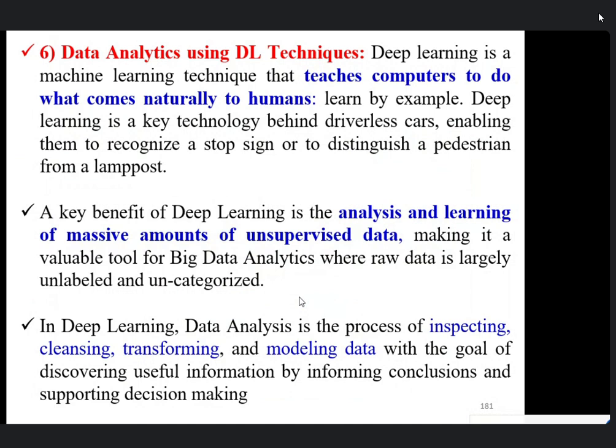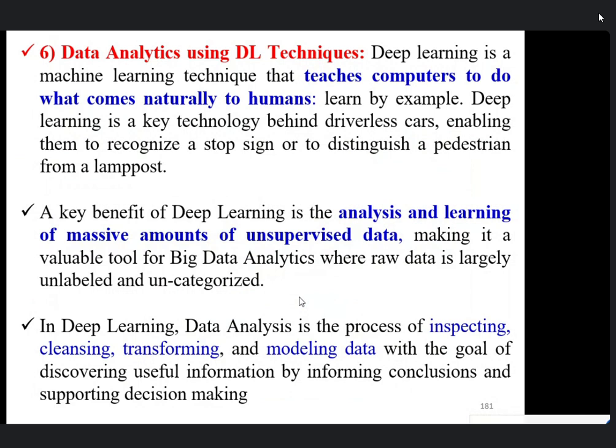That's why a key benefit of deep learning is the analysis and the learning of massive amounts of unsupervised data. Wherever complex data is there, the data belongs to big data. Where raw data is largely unlabeled and uncategorized, we are applying deep learning techniques.